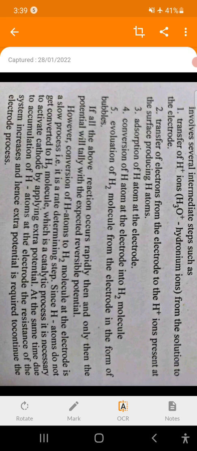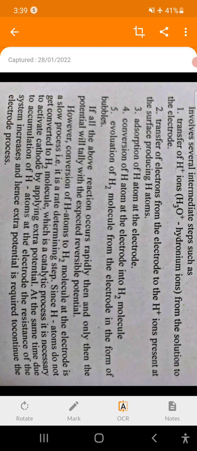Then the last step, the fourth step, is that many H2 molecules combine to form an H2 gas bubble. These are the several intermediate steps involved for any gas like H2 evolution at the cathode.